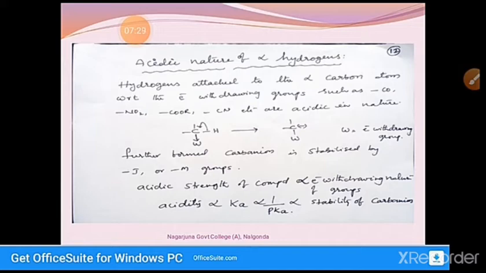Acidity is directly proportional to the stability of the carbanion. If a compound loses a proton forming a carbanion, and that carbanion is stable, we can say that hydrogen is more acidic in nature. We measure the acidity of different organic compounds in terms of pKa values. The lesser the pKa value, the more acidic the particular hydrogen.